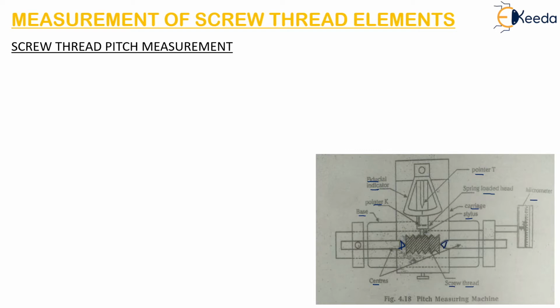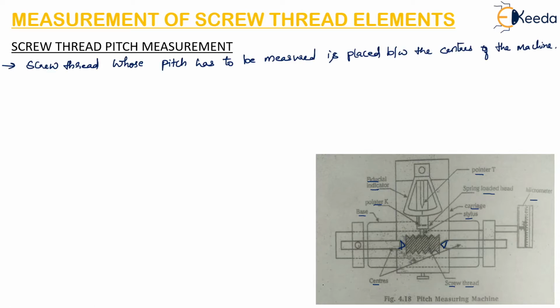Then there is a stylus, which is of suitable size to make contact along the thread flanks at a point near the pitch line, here between the two flanks. This stylus is inserted into the spring loaded head.